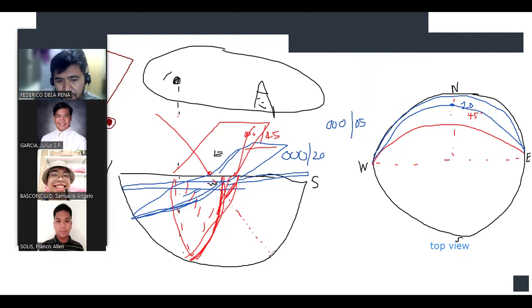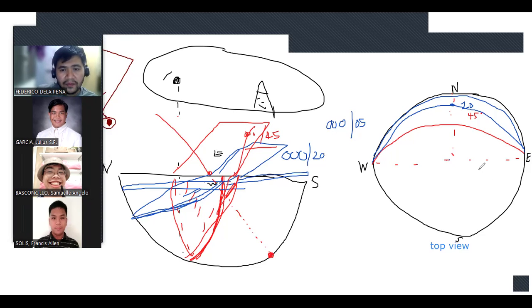Wherever it hits the bottom of your stereographic net, that would be the plot of your pole. So it's going to be plotting somewhere here. This would be the pole plot of this red discontinuity.